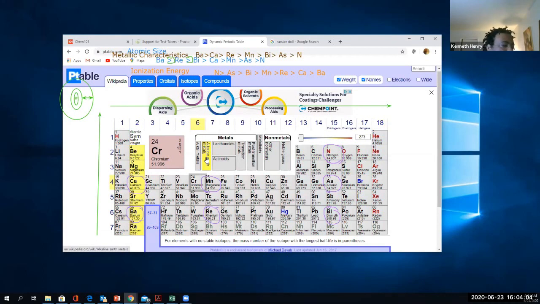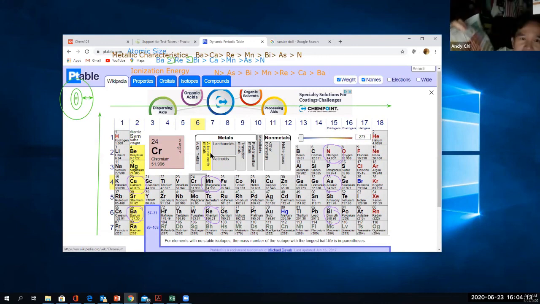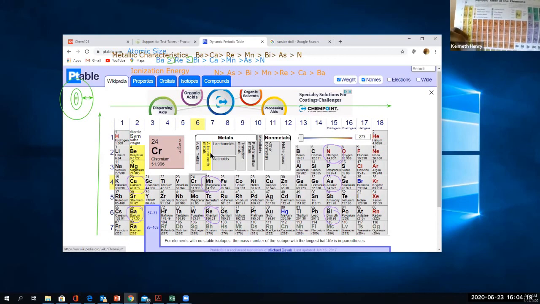So you can't just base it on color. On this periodic table it's yellow, and this one is kind of like a gold. They try to make it a gold color so that you think of nobility.